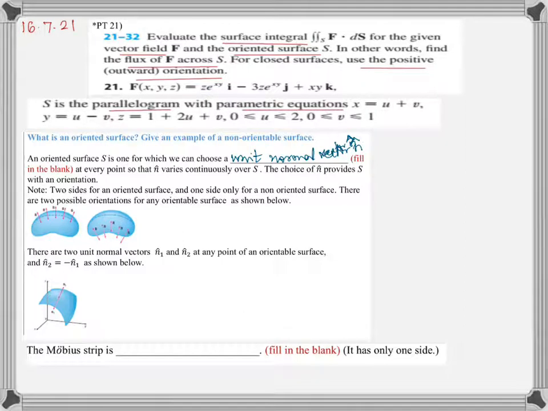Two sides for an oriented surface and one side only for a non-oriented surface. Keep in mind, there are two possible orientations for any orientable surface as shown below.